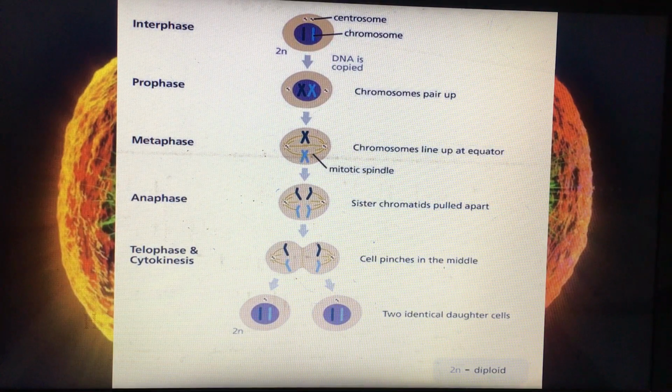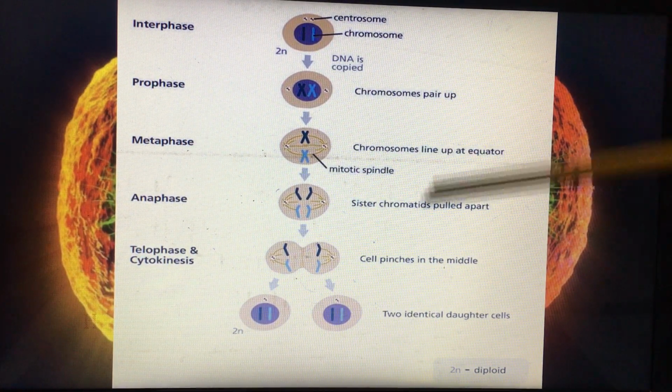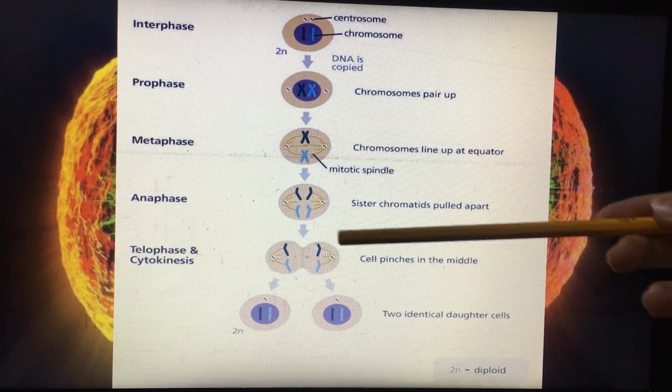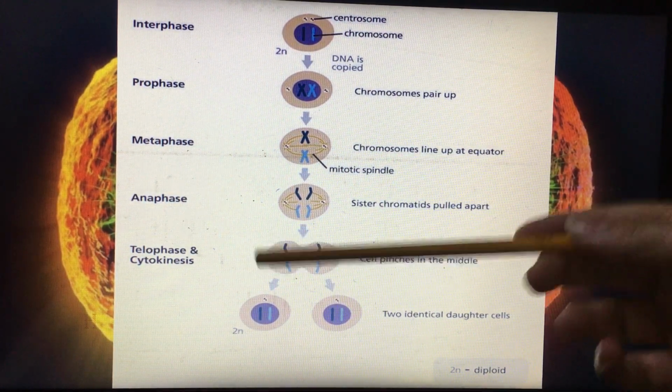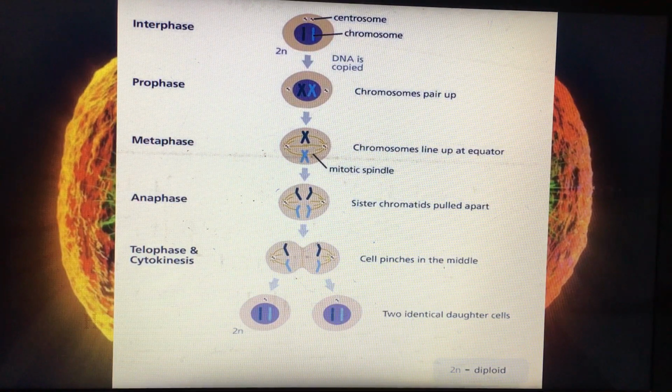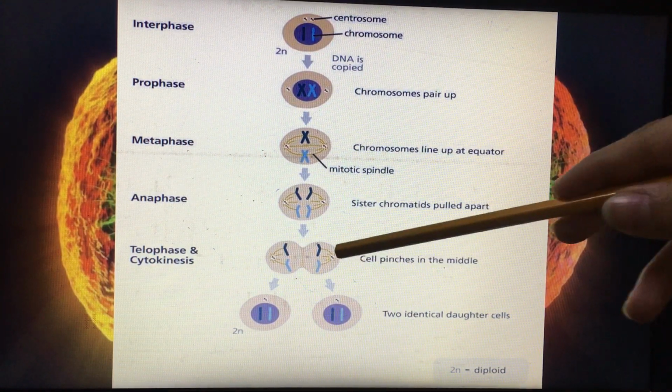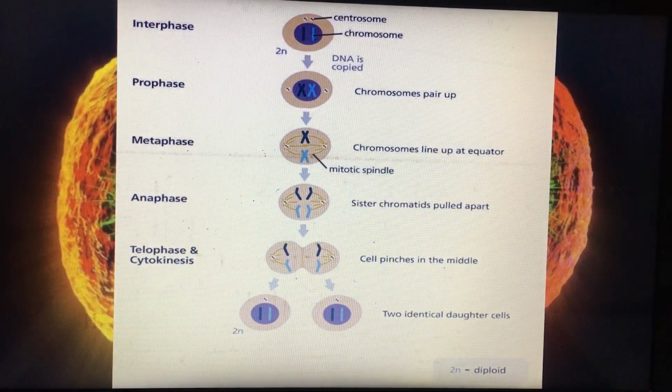After the chromatids move to opposite ends of the cell, now the cell membrane pinches in. Look at the cell membrane here. It pinches in the middle to separate the 2 sets of chromatids into 2 cells.